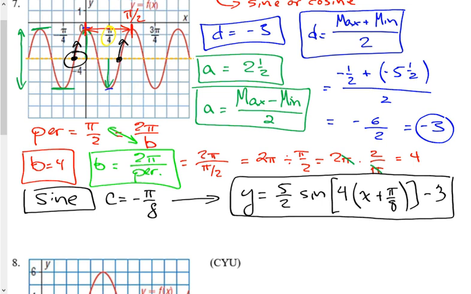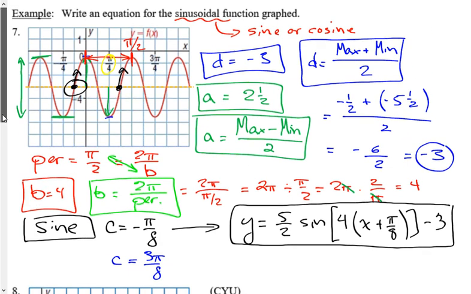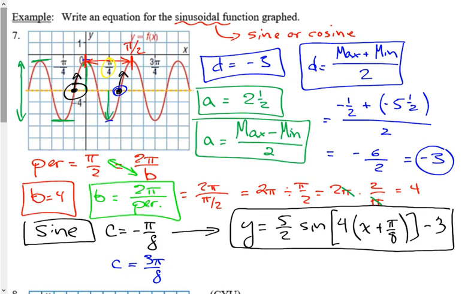Questions with that equation? No questions? Okay, let's do a different one. We could say that our c value is 3 pi by 8, which would be this point here. Because now I'm 3 grid lines to the right. Every grid line is a pi by 8.